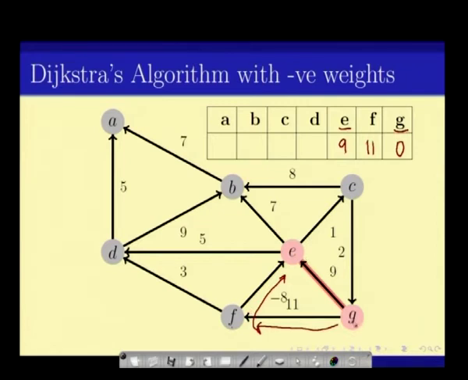The reason why the distance from G to F would have been shorter than the distance from G to E is because the distance of F to E had to be positive. So, it is something like your home is there and your neighbor's home is there, you want to go to your school. Now, say somebody says that the shortest distance from the school to your house is 2 kilometers, and then it turns out that no, there is a shorter distance of length 1.5 kilometers through your neighbor's house.